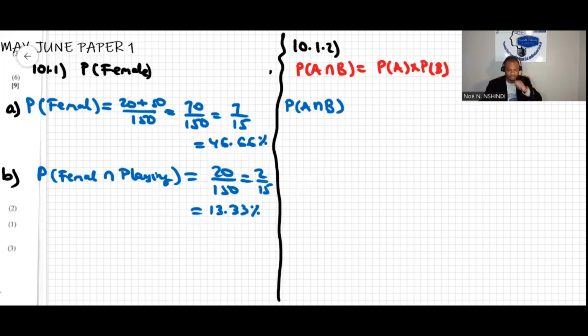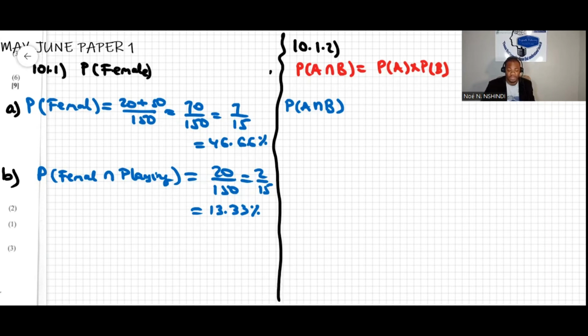Because the question says is playing tennis independent of gender, it must obey this property. Let's take, for example, females.